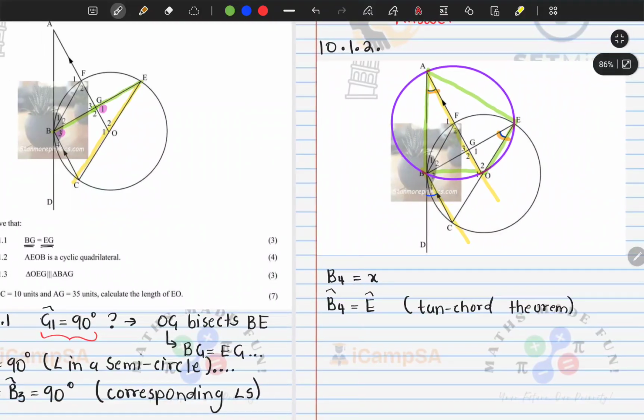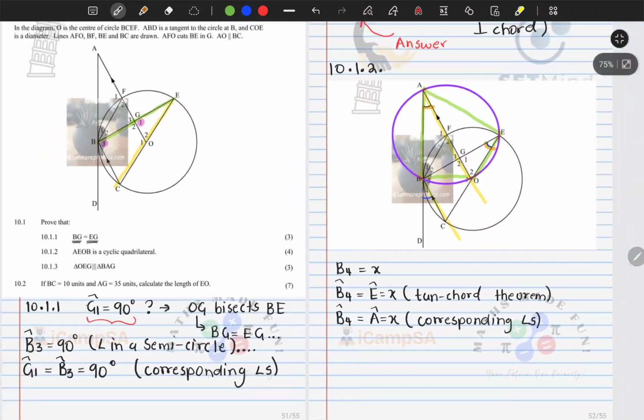Okay. But also, if you look at corresponding angles, as I said, your B4, which will be x, is also equal to your angle A. The reason why they are equal is because of corresponding angles, of which that will be x.